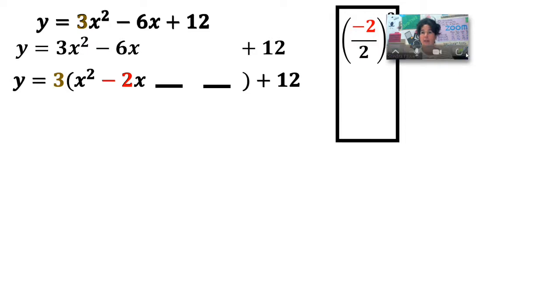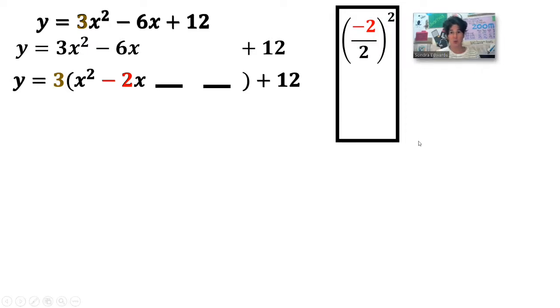So if we divide by 2 and square it, we have negative 1 squared, which is 1. So to complete the square, we're adding 1, but we're going to turn right around and subtract 1. Notice if I simplify this line, I'm right back to this line here. Each line needs to be equivalent.